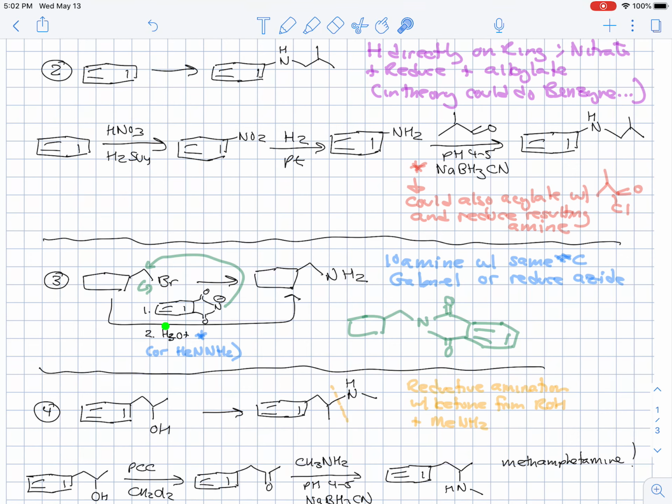If you use the H3O+, you would need to follow this up with a base step to deprotonate the amine from NH3+ to NH2, but you would not need to do that if you did this step.